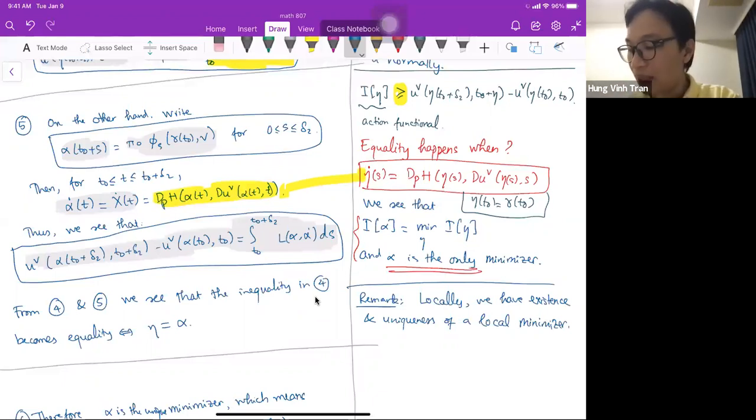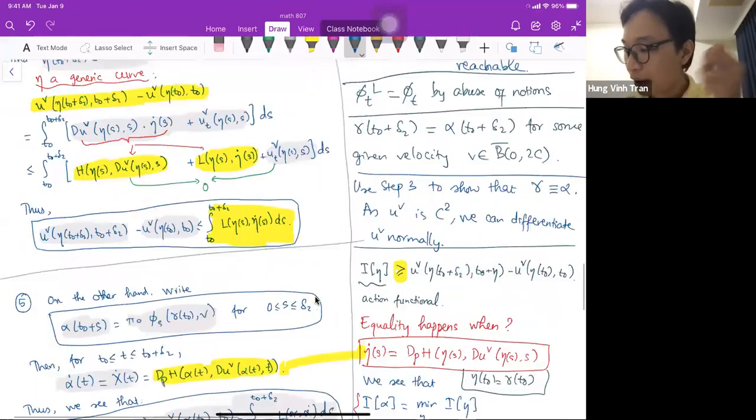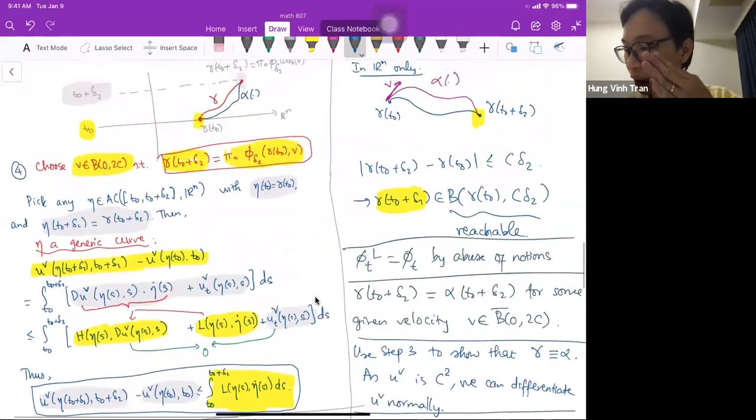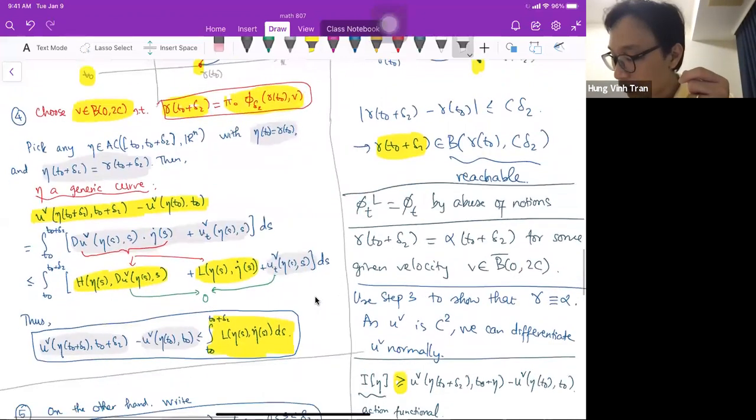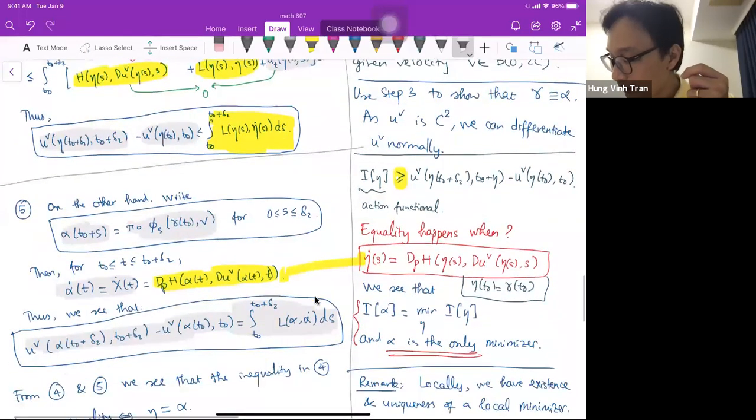But what is amazing is that with the control viewpoint, we can reach any point through a vector v. If you choose the correct vector v, the correct velocity, then you can reach the endpoint, and that gives you the path alpha. We just showed that alpha is the minimizer.